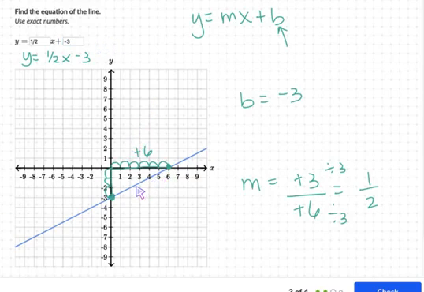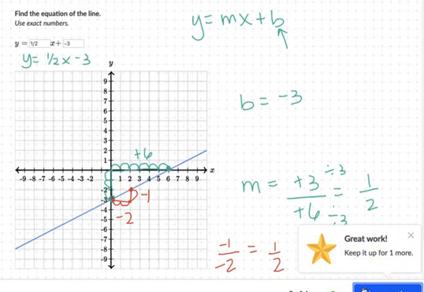If you had drawn your triangle differently, let's say you chose these two as your pretty points and drawn your triangle this way, you would go down 1, so that's negative, and to the left 2. Left is negative. So you would also get 1/2 when you reduce those two negatives. Okay, so that's finding the slope-intercept equation from a graph.